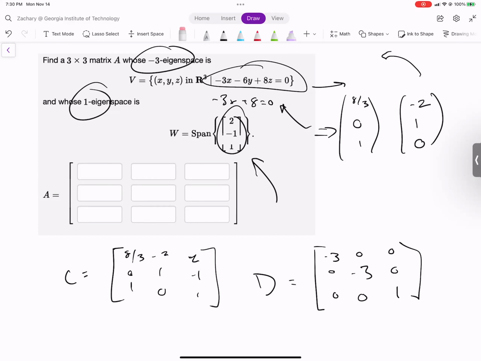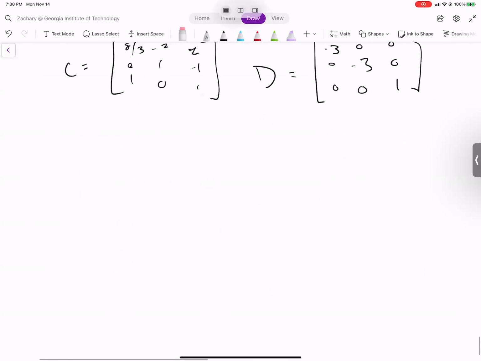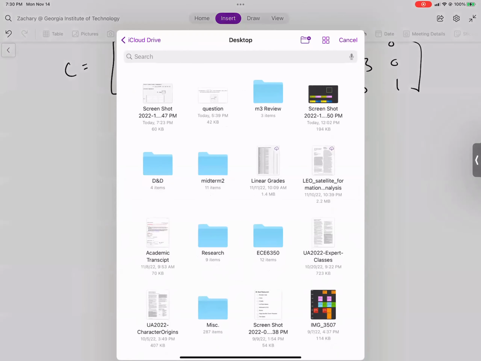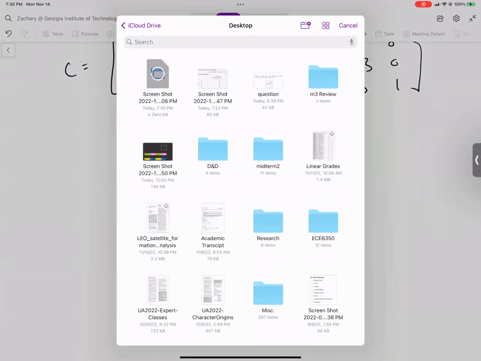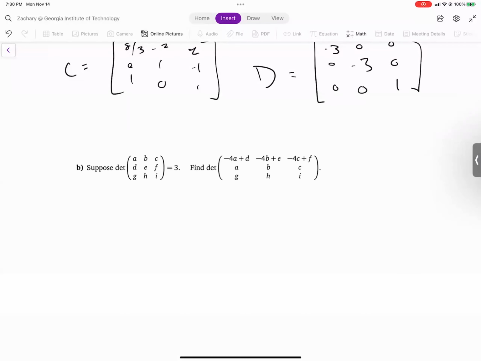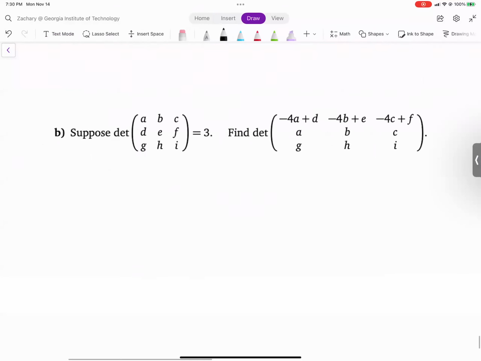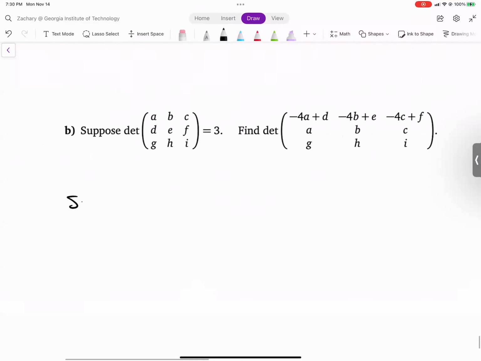Oh, yeah. So one of the other really important things to know for this exam is your determinant rules, right? So here are your big determinant rules, okay? If you switch rows, determinant times -1, okay?